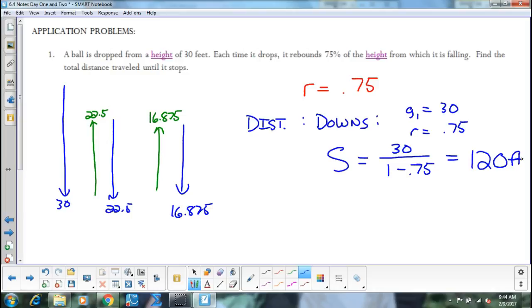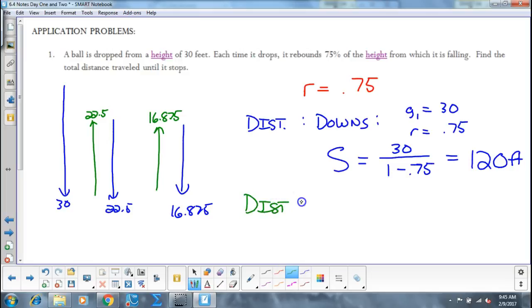But how else did the ball travel? It traveled up. So you have to come up with the distance for up. What's the first term in that one? 22.5. What's the R value there?